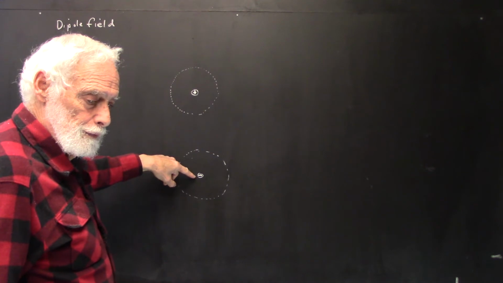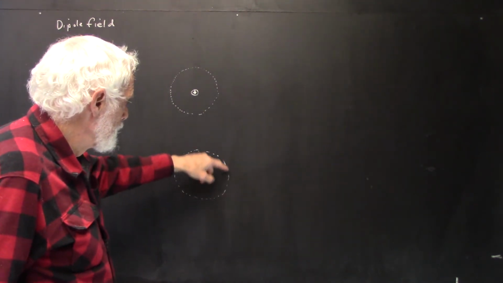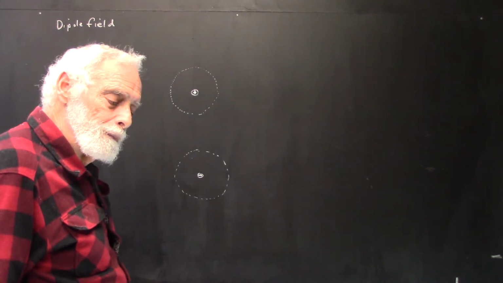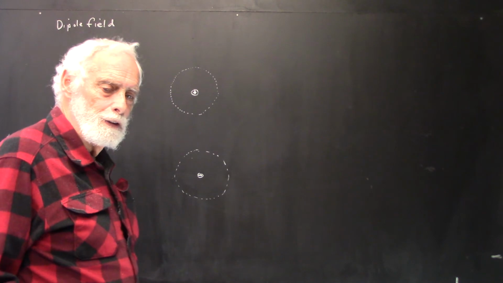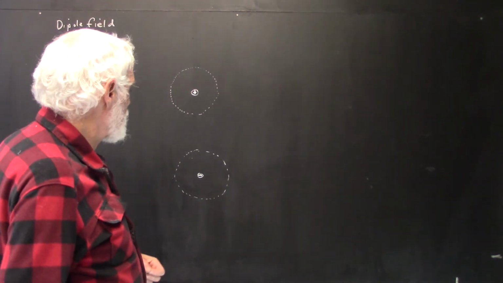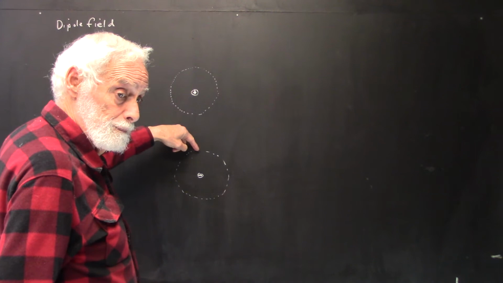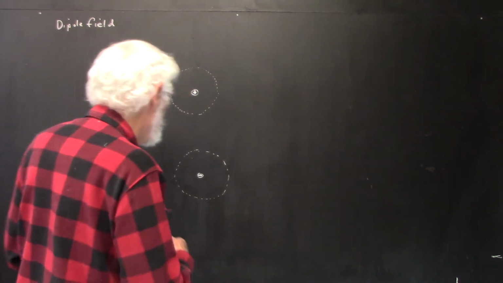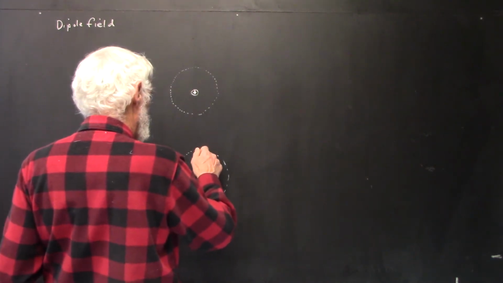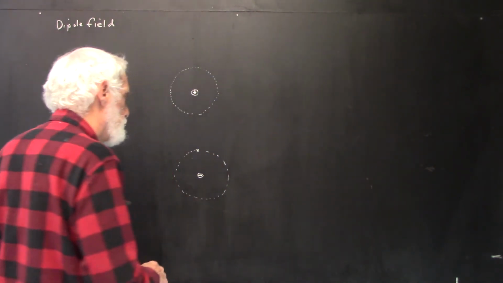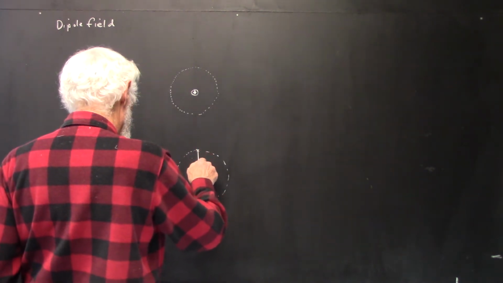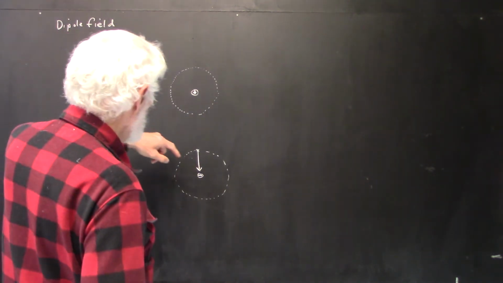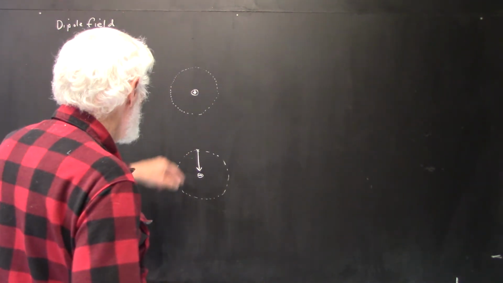let's look at the field on this dotted circle due to the negative charge. The field is just an indication of the force exerted on a positive charge at a point. It's the force per unit of charge at that point. So if I have a point here, let's just say that my electric field is represented by an arrow of this length.